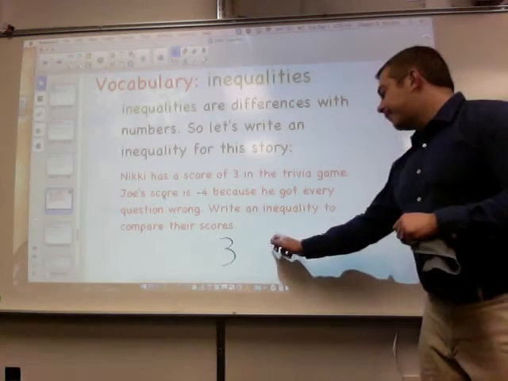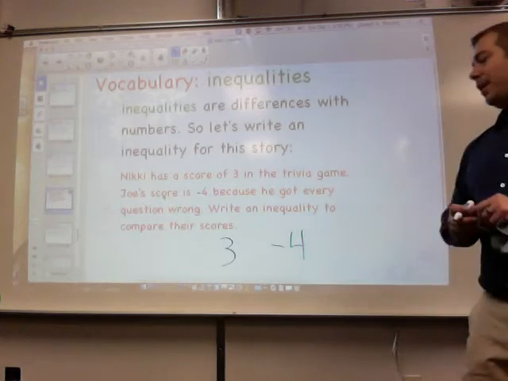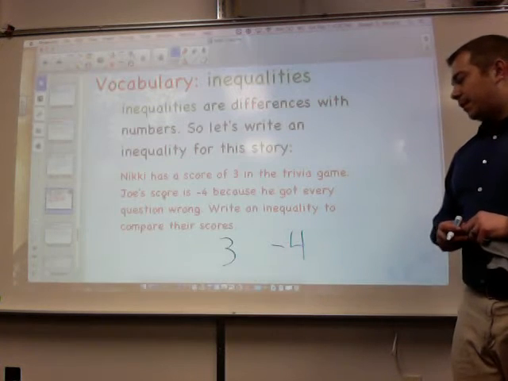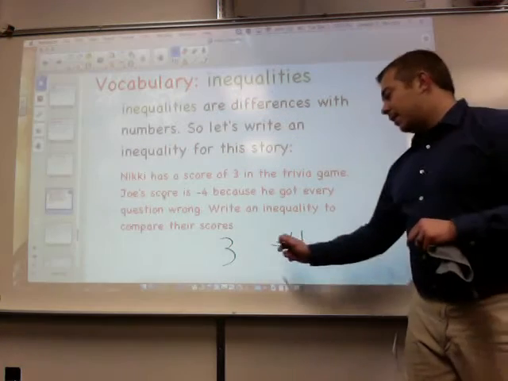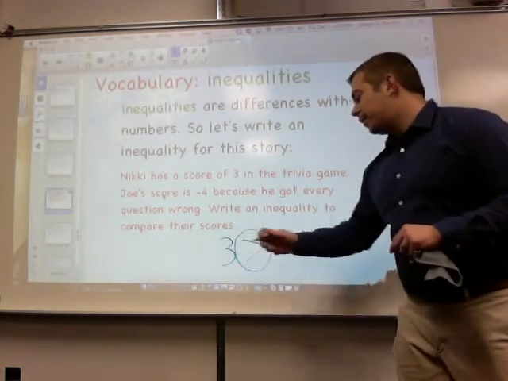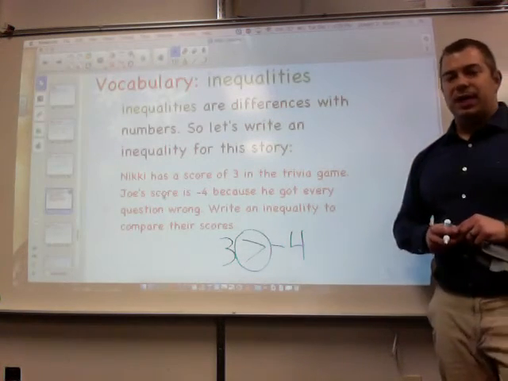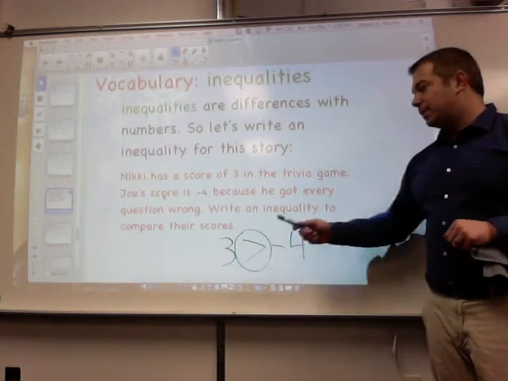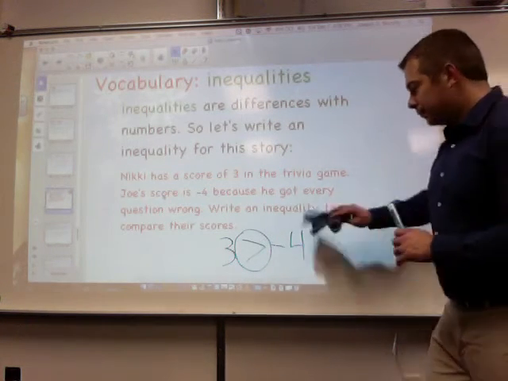Joe's score was -4. So an inequality is comparing these two numbers because they're not equal. All right, well, 3 is greater than -4, so there's my inequality for that story. You'll see some of those examples in your books tomorrow. 3 is greater than -4. That was the inequality from this story.